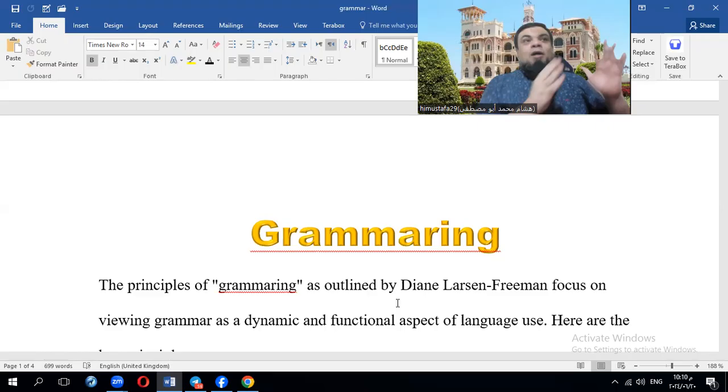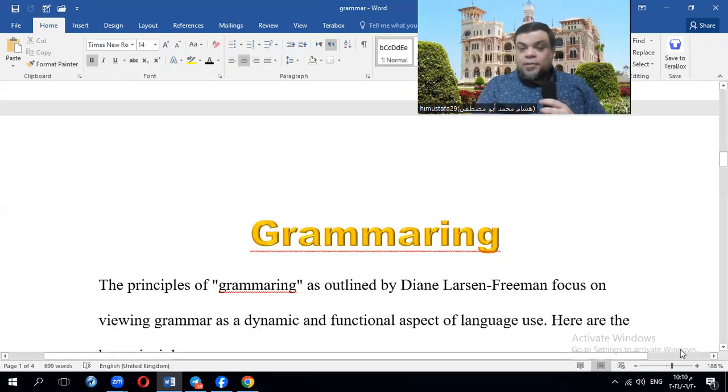So grammar is not a fixed or static concept, but a dynamic process. It's associated with other aspects of language and language use.